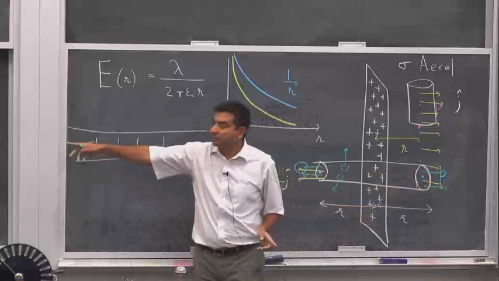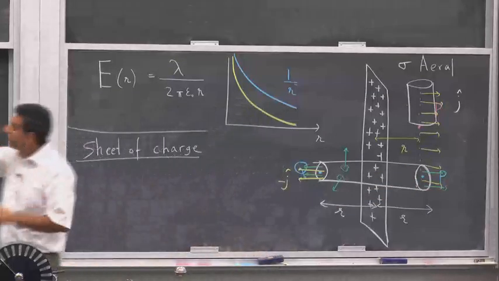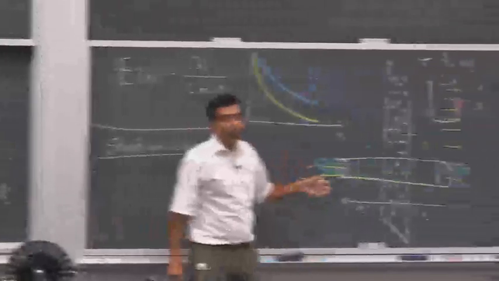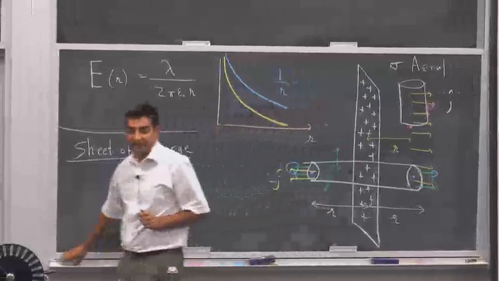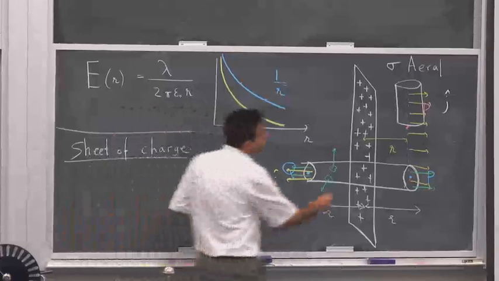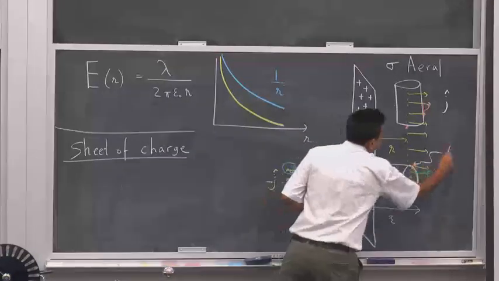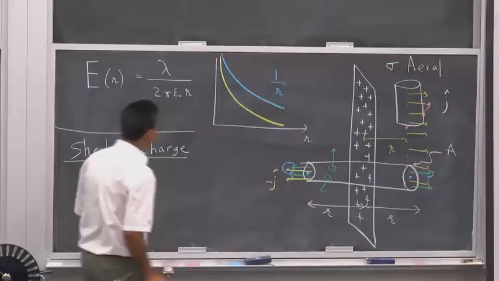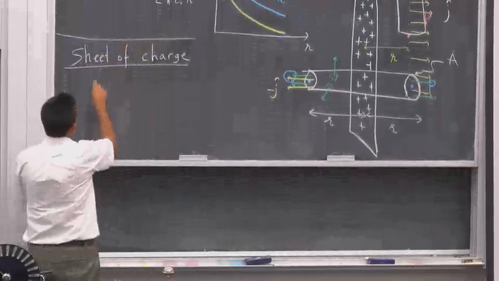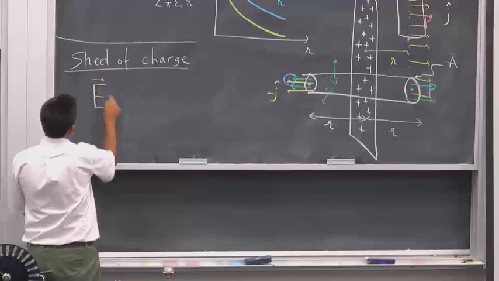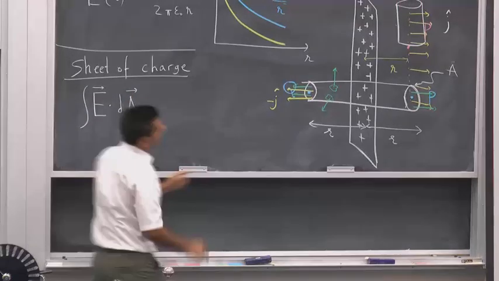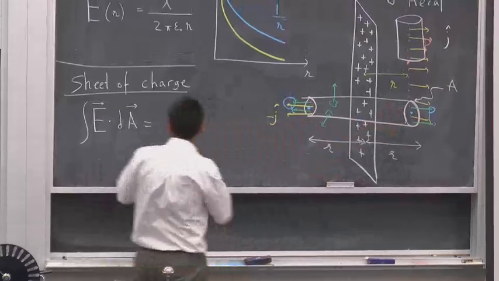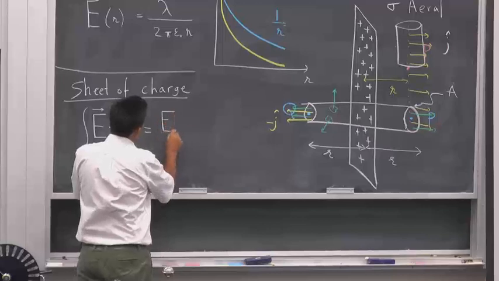It's just converse to the earlier situation in which the contributions were actually coming from the curved surface. Here the non-zero contributions are coming from the end caps. So I can use Gauss's law once again. Suppose the area of this end cap is capital A. E dotted with dA over the entire closed surface: on the right hand cap I have an electric field that is uniform, EP.